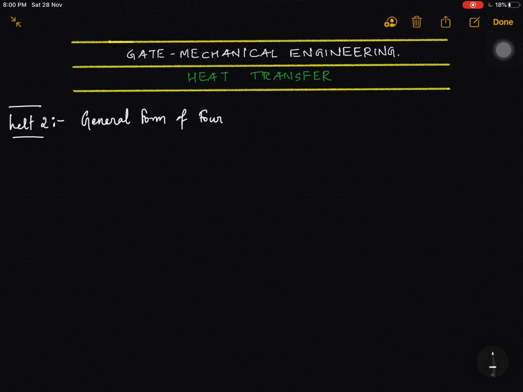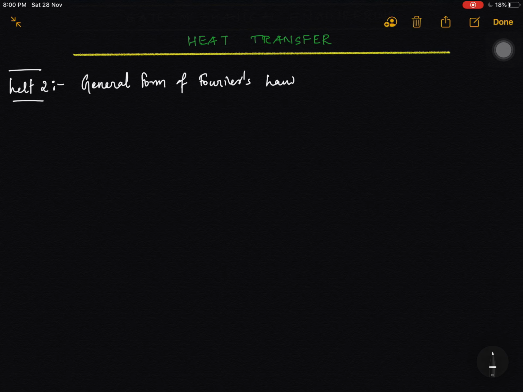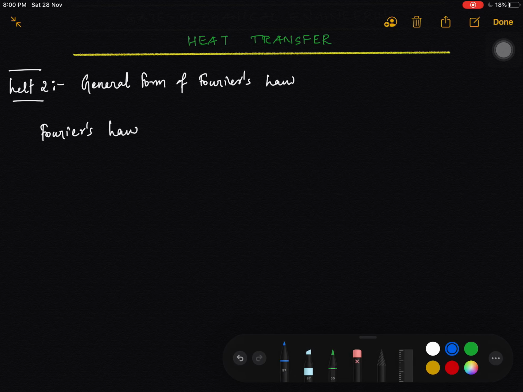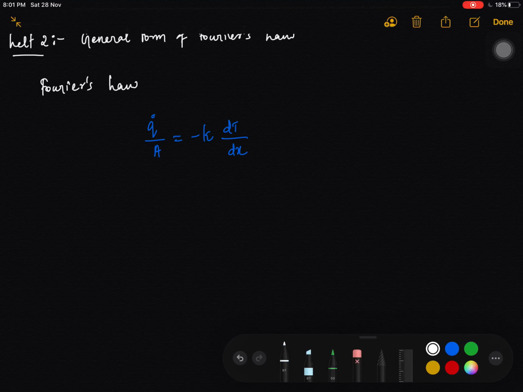General form of Fourier's law. In the last class, we explained Fourier's law as q dot by A is equal to minus k dT by dx.